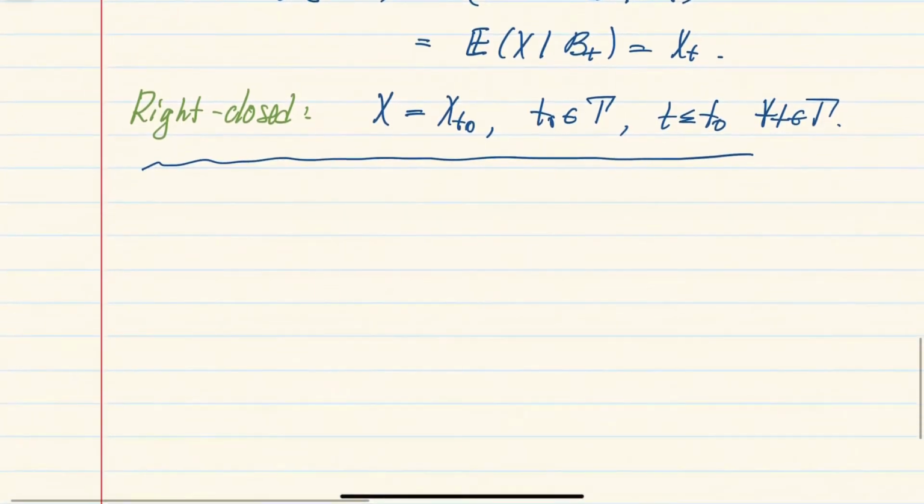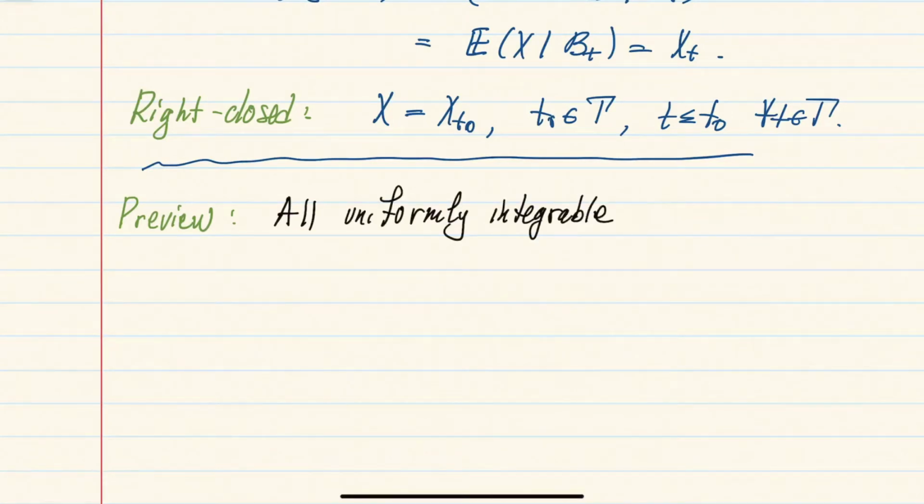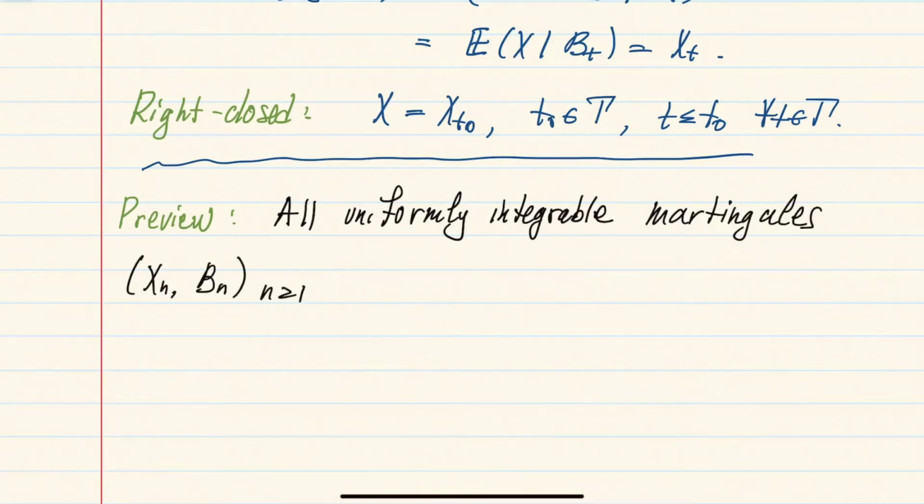Okay, so one reason why I said that this will be a quintessential example is that one of the most famous and most important results on convergence of martingale sequences will say that, let me give this as a preview of one of the results that we'll prove later on, namely that all uniformly integrable martingales, or martingale sequences xn, bn, are right closable.